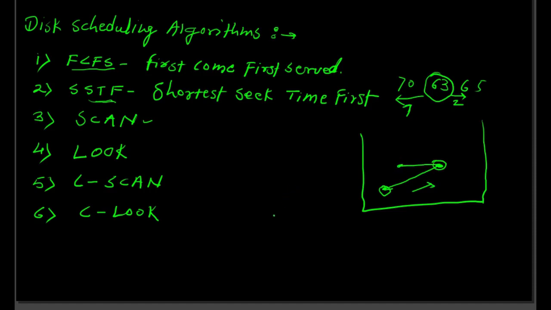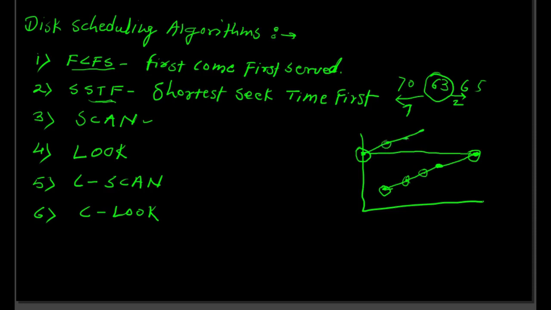Then next is the C-SCAN and C-LOOK. So what is C-SCAN? Like in a SCAN algorithm, it reaches the end of the disk. It will start and serve all the requests in that direction and will reach the end of the disk in a SCAN. Now in C-SCAN, what is the difference? From the end of the disk, it will reverse the direction and will reach the other end of the disk, and then again will reverse the direction and will process the remaining requests in the same direction.